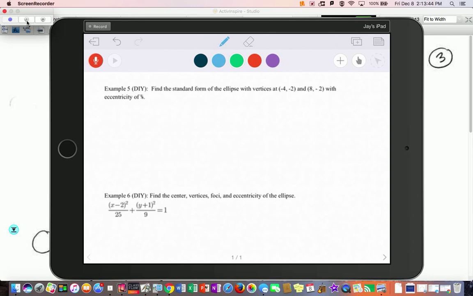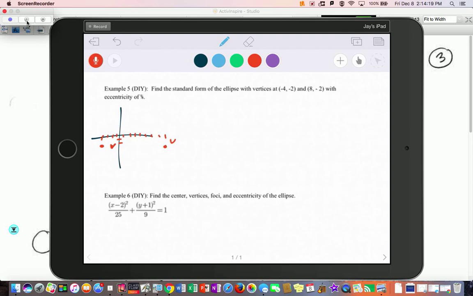Find the standard form of the ellipse with vertices at (-4, -2) and (8, -2) with eccentricity of 5/6. So again, let's just draw a quick picture. (-4, -2) is a vertex, and (8, -2) is another vertex.